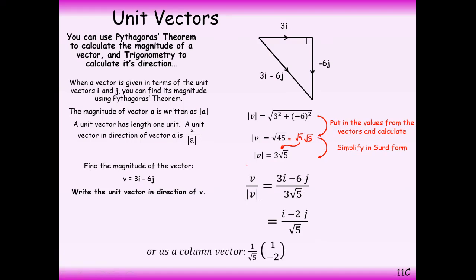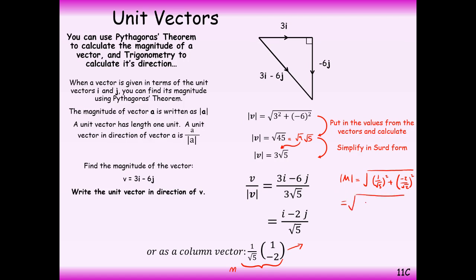You could have written it as a column vector as well. Now let's test this out. What's the magnitude of this new vector? Let's call it m. The magnitude of m is the square root of 1 over root 5 squared, plus minus 2 over root 5 squared.